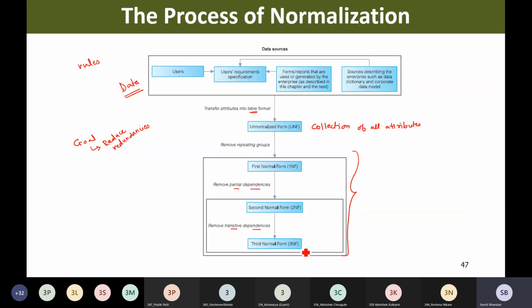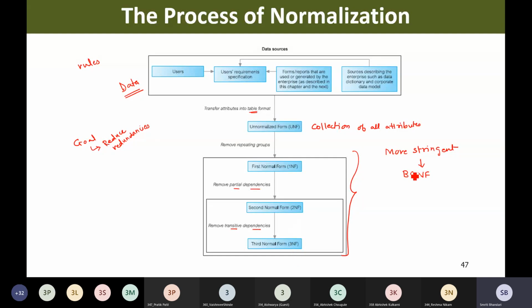So after 3NF, more stringent than 3NF, we are having one more normal form, BCNF. So this normal form was introduced by Boyce and Codd. These two were the scientists who introduced this normal form. So the name of this normal form is BCNF.